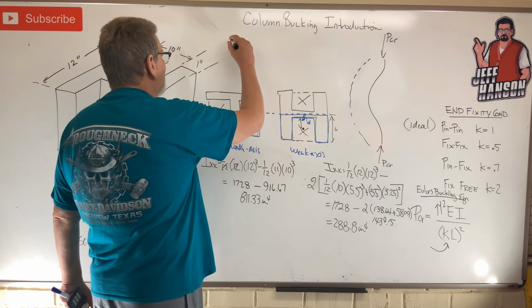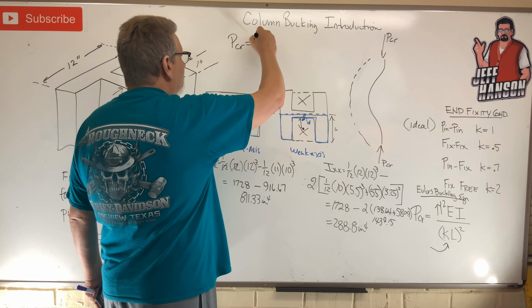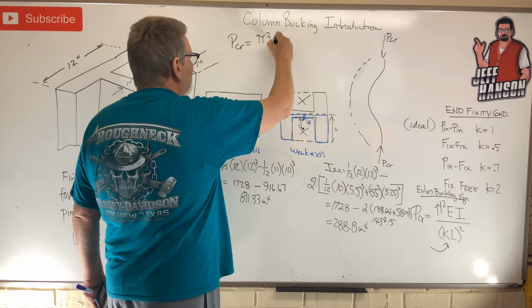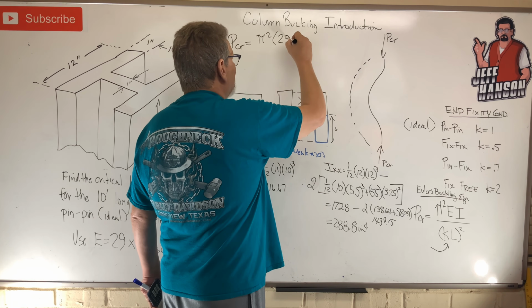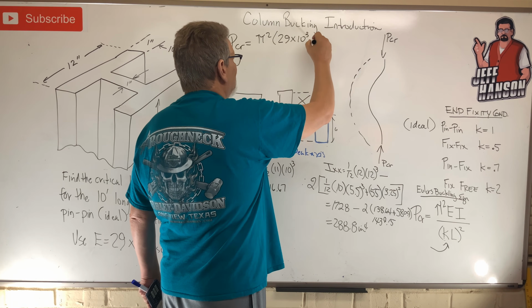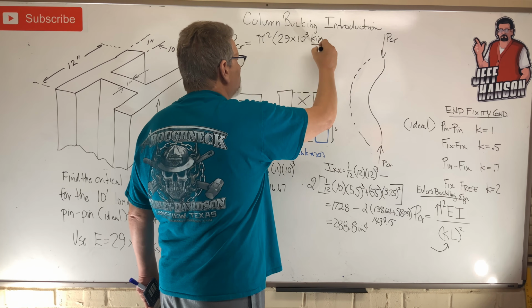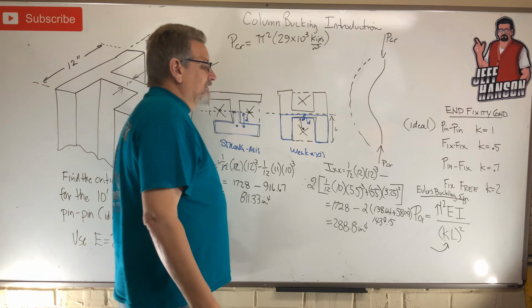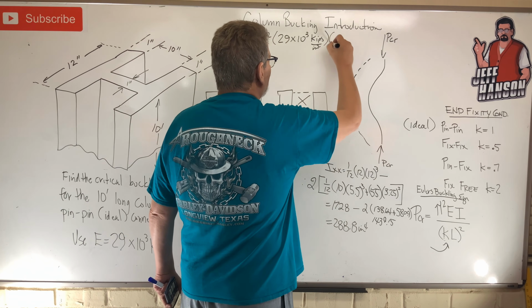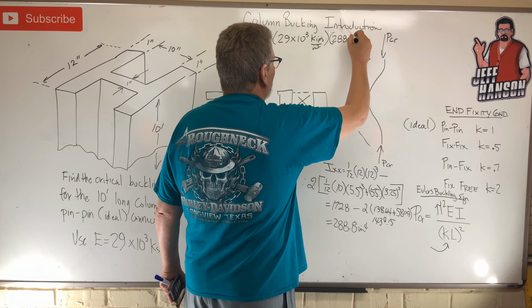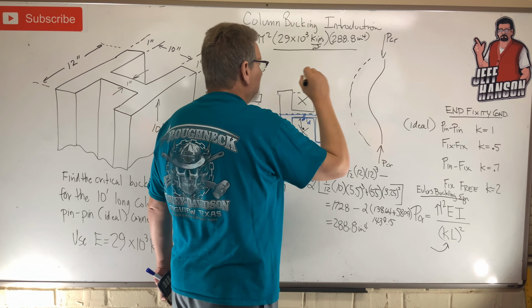Let's do it. P critical for this particular column is equal to pi squared times E, which is given as 29 times 10 to the 3 ksi, kips per inch squared. Units, we've got to get all our units to work out. Now we're going to use this I, 288.8 inches to the 4th, divided by K squared times L squared.